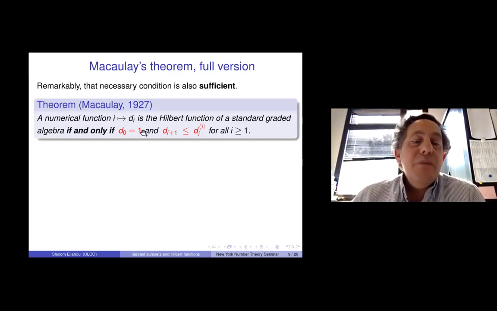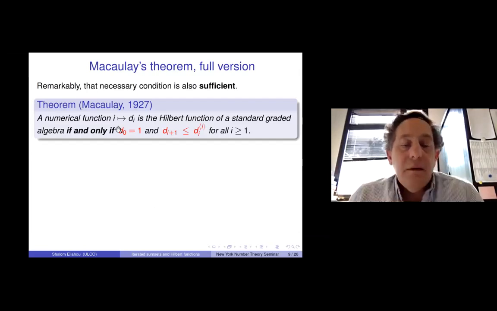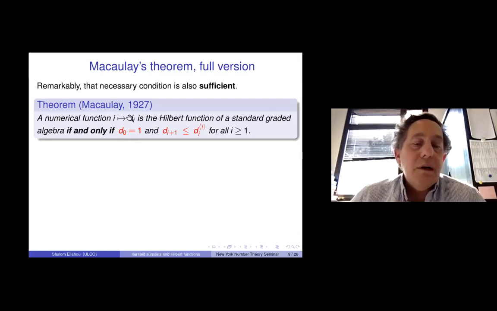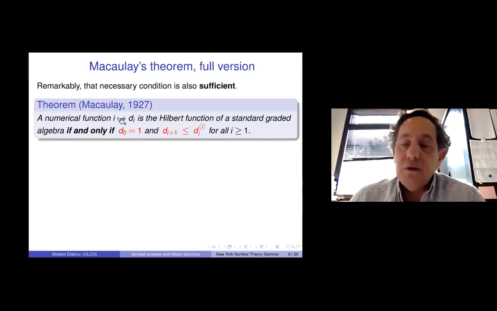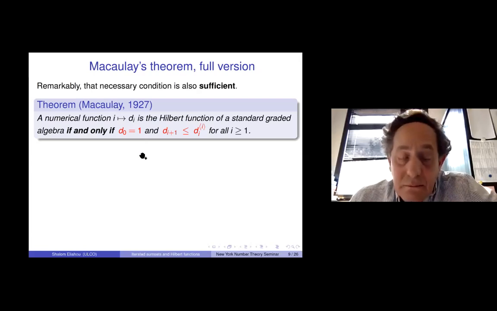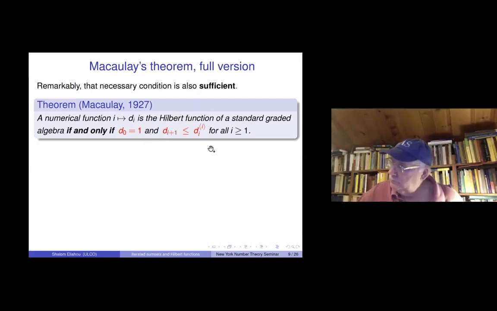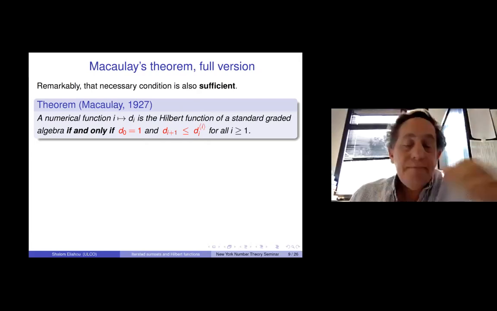So take any numerical function from N to N, associating to i a natural number d_i, and that numerical function is the Hilbert function of some standard graded algebra if and only if in degree 0, d_0 is 1, of course, and these necessary conditions hold. This is a remarkable theorem.